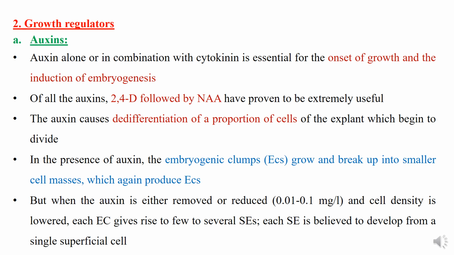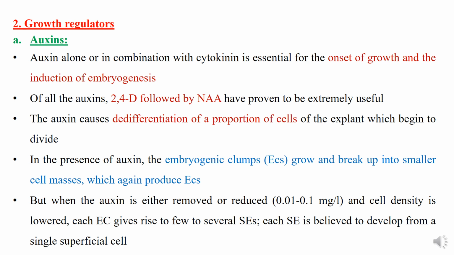Auxin causes the de-differentiation of a proportion of the cells of the explant, then they start dividing. Then in the presence of auxin, the embryogenic clumps grow and break up into smaller cell masses, that is the callus. When auxin is either removed or reduced, that is during the maturation phase, the cell density is lowered, that is multiplication is lowered.